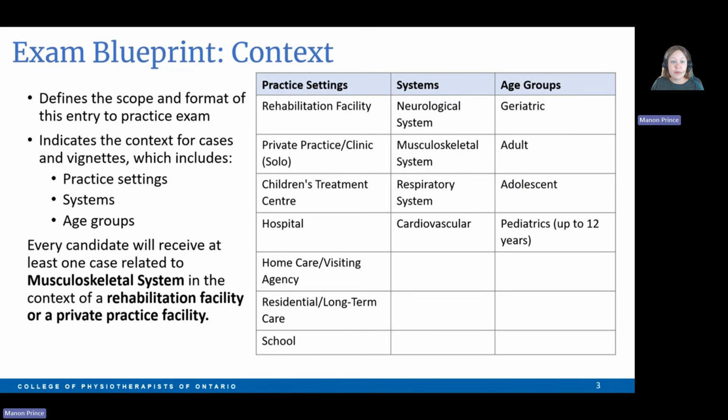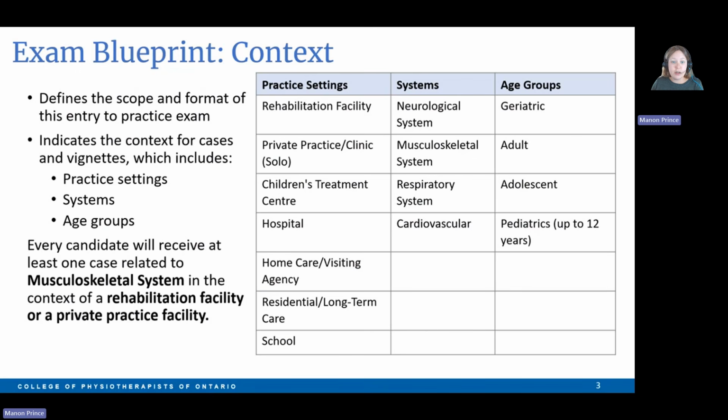This excerpt from the blueprint outlines all of the possible practice settings, systems, and age groups which could be represented in the exam. Further information on the conditions by body system is outlined in the blueprint in Table 2, titled Conditions by Body System.